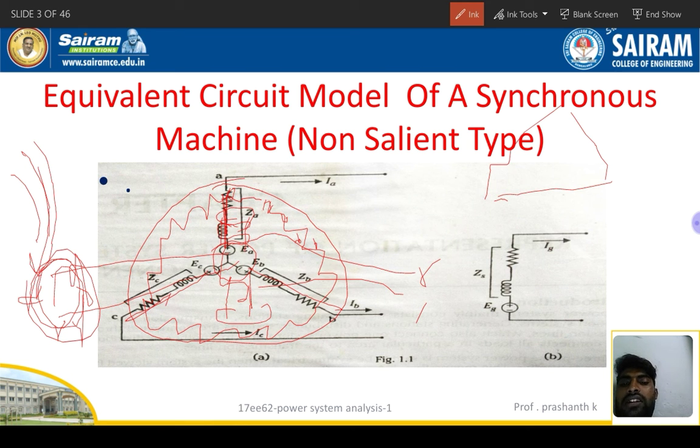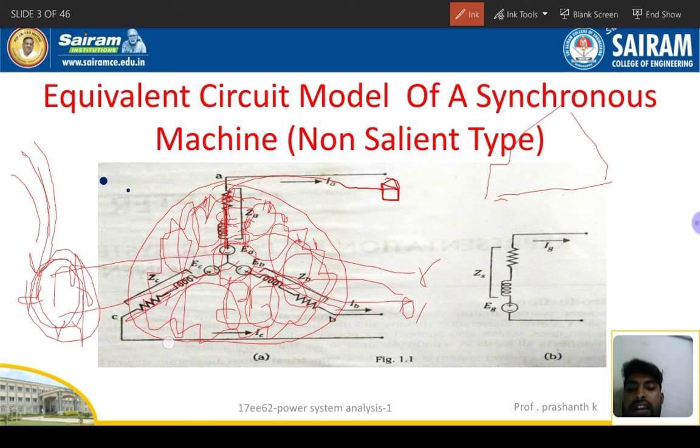So the generator rotor starts rotating, and the field winding also rotates like this, right? When the conductors present in the stator slots are cut by this rotating magnetic field, what happens? Voltage is induced in the three phases, this one and this one and this one, right? So this is the construction of a synchronous generator.